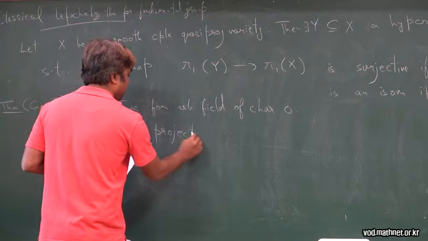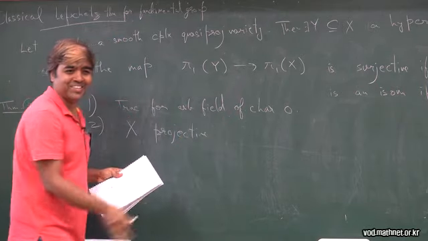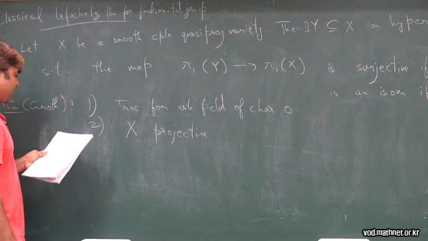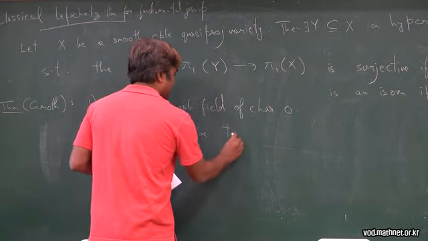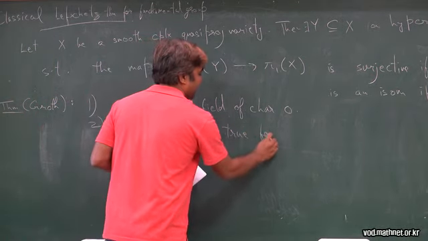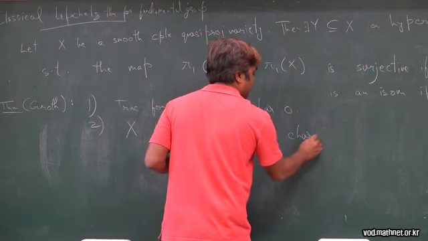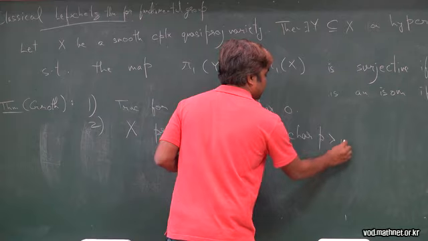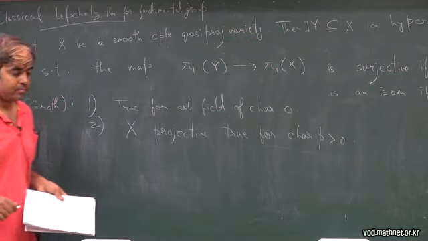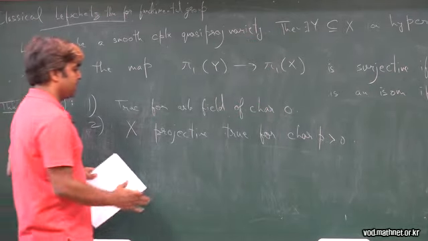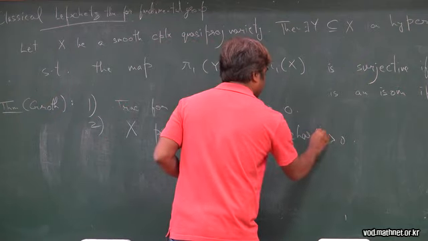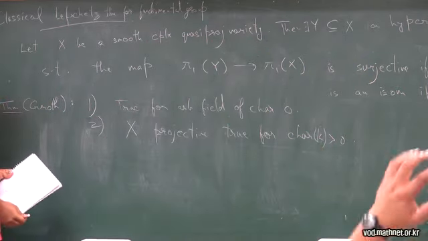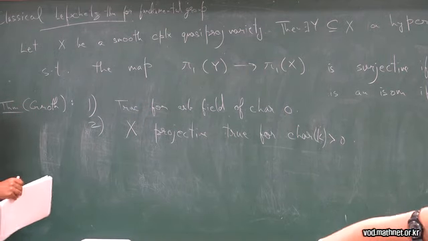His goal was not just to do characteristic 0 as usual. So if X is projective, then this is true for a characteristic p field as well, characteristic of k greater than 0, so arbitrary field.